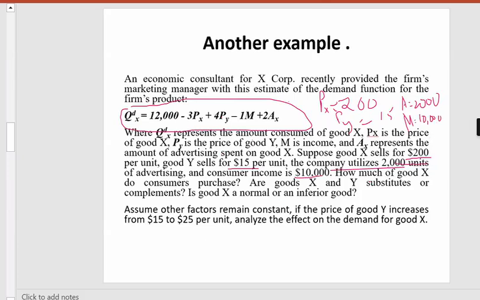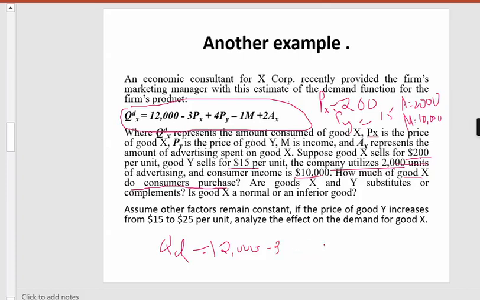Now, what does the question need? The question requires you to find how much of good X the consumer purchases. That means you are supposed to find QD. You just substitute those values. Minus, what is PX?